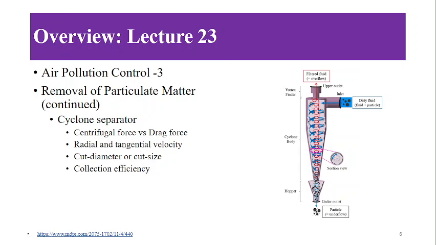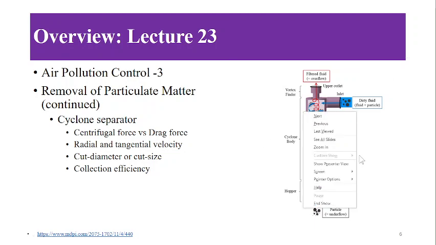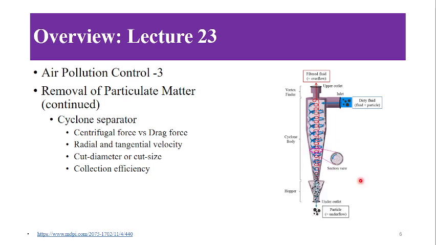The centrifugal force has the tendency to impart force outwards in the radial direction. Because of that, the particulate matter is impacted onto the wall, and then it is collected, sliding down the wall and collecting down here.